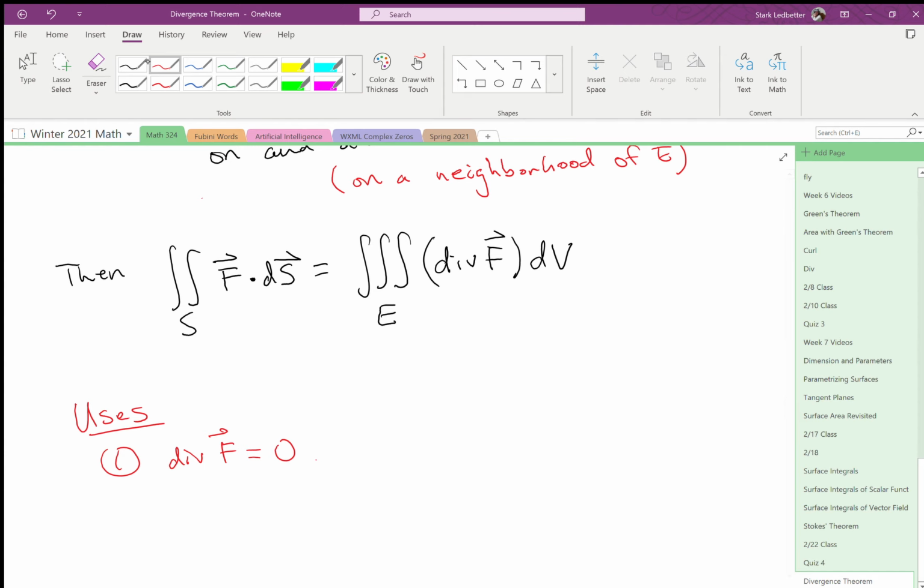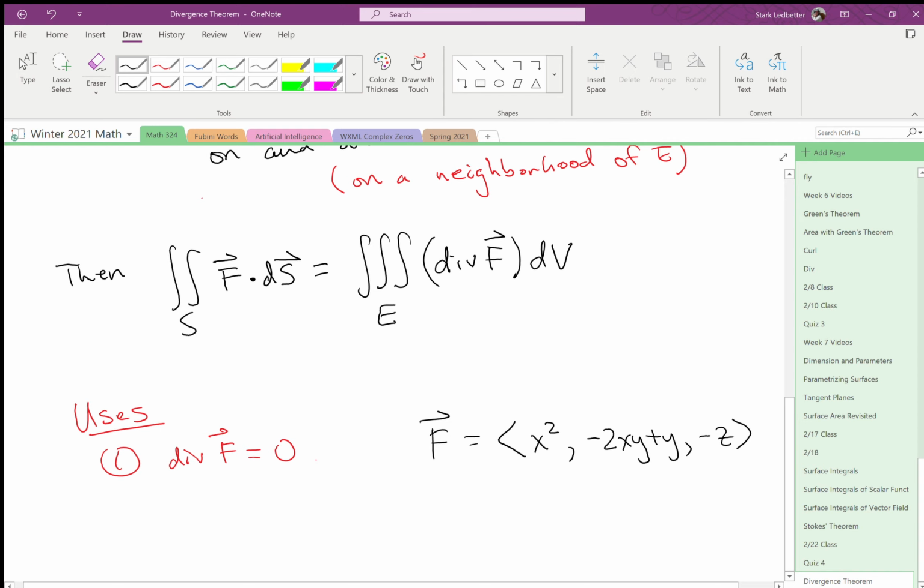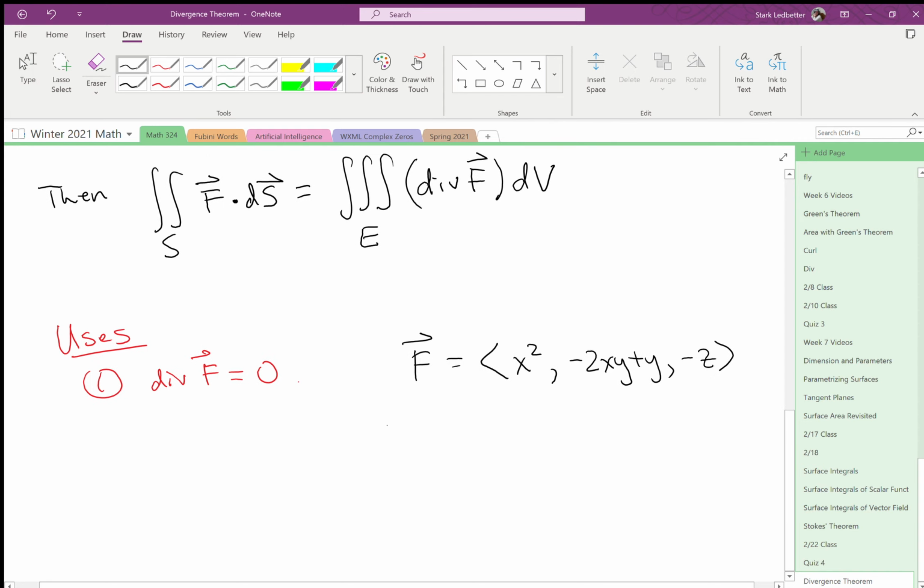I can even make an example of this right now. I can make something where the div of F is 0. Let's call it F equals x squared, negative 2xy plus y, negative z. Then if I calculate div F, I get 2x, that's the partial with respect to x of the first component. The partial with respect to y of the second component is minus 2x plus 1.